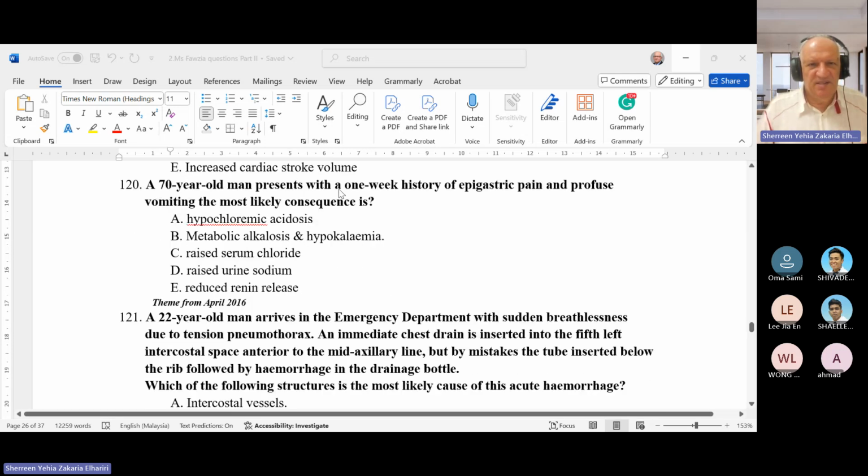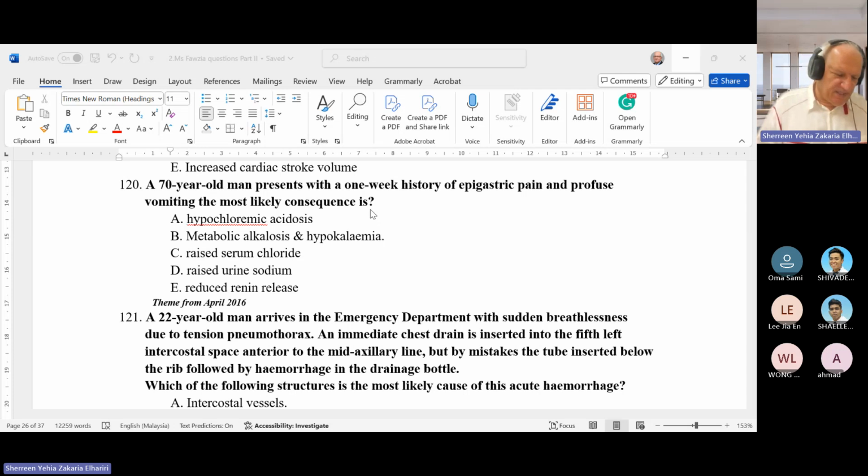70 years old man presented with 1 week history of epigastric pain, profound vomiting. Most likely consequence is, of course, if the patient, whatever the cause, like baby with hypertrophic pyloric stenosis, patient with peptic ulcer with fibrosis, patient with repeated vomiting or insertion of nasogastric tube for a long time, they have something called metabolic alkalosis.